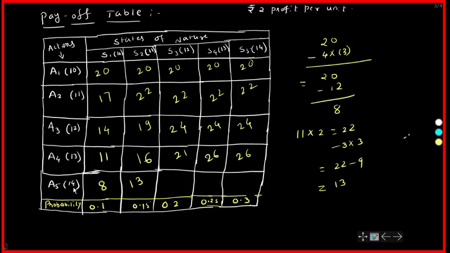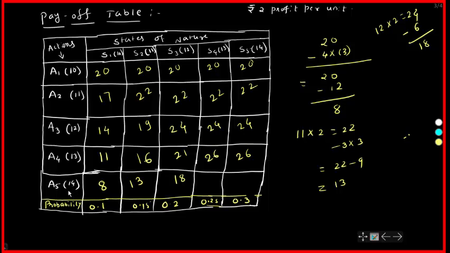He purchased 14 newspapers. Demand is 12, so he can sell 12 newspapers. Profit for 12 newspapers is 12 into 2, equal to 24, and he has to bear the cost of 2 papers, 24 minus 2 into 3, that is 6. So this is equal to 18.